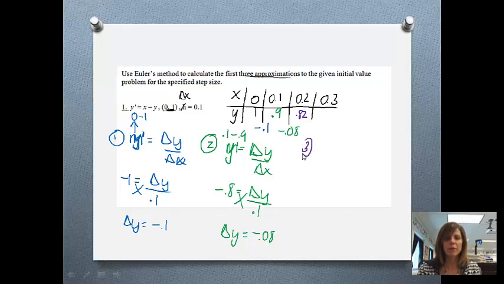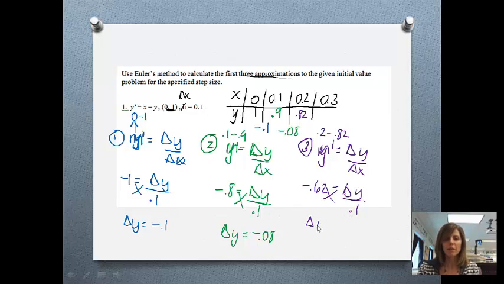Okay, so my new value, if I do that, will be 0.82. So now I'm ready for my third approximation. Again, we'll have m is equal to delta y over delta x. M is really just y prime. So y prime for this specific example, now my x is 0.2 minus a y value of 0.82. So 0.2 minus 0.82 will be negative 0.62, which is equal to the change in y over the change in x, which again is 0.1. Notice the change in x will be the same every time, it's just the step size.